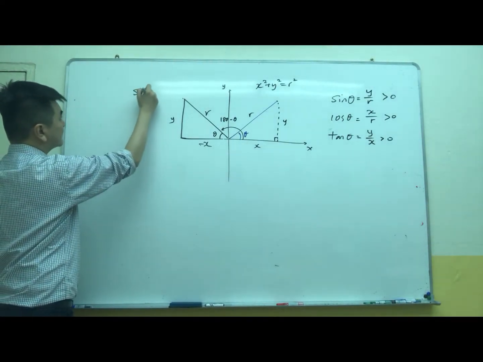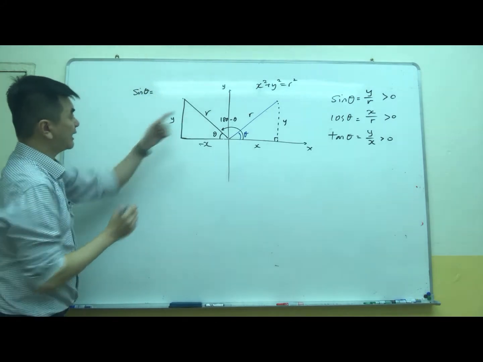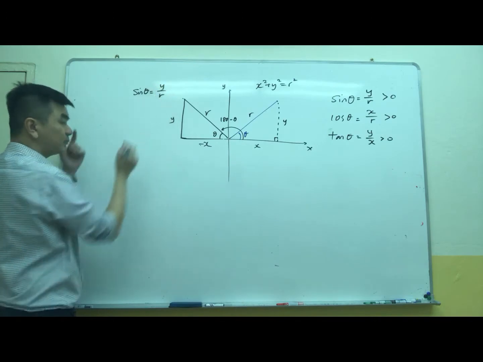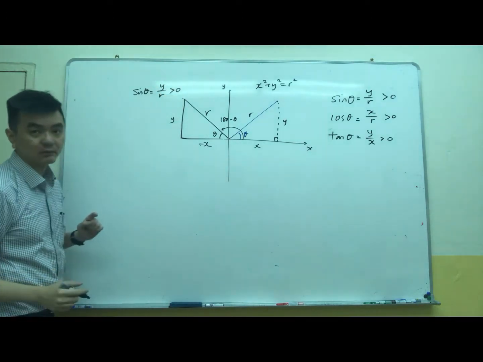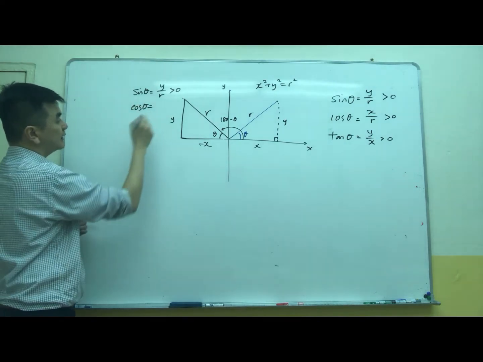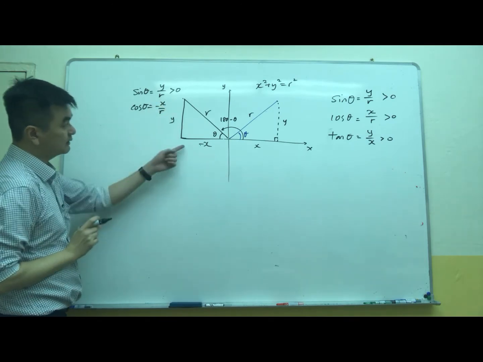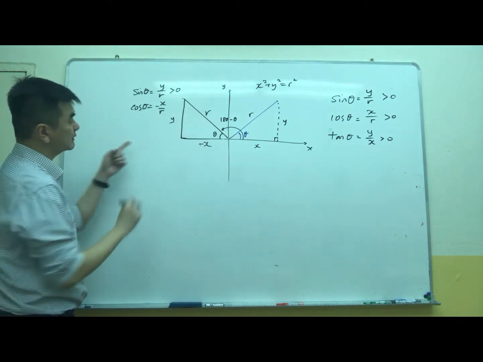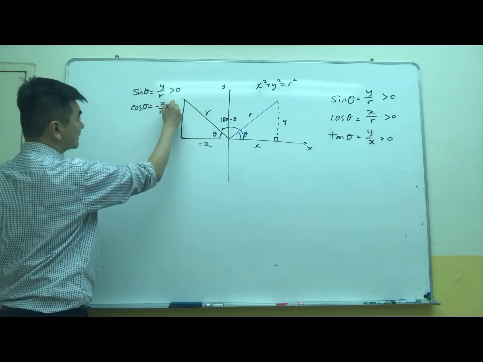Sine theta is y over r, and since both quantities are positive, this is positive as well. Cosine theta is minus x over r, adjacent over hypotenuse, and since x is negative, cosine theta is negative.